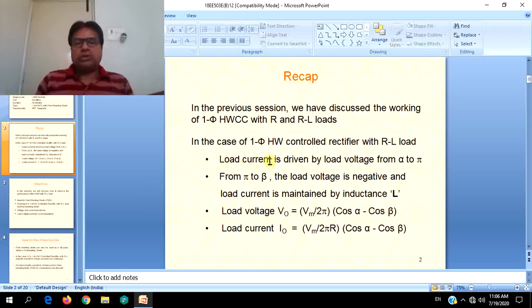So how the load current is driven by load voltage from alpha to pi, then from pi to beta, how it became negative, load current maintained by inductance L even after voltage becomes negative, the average values of load voltage and load current which were calculated. These things we have already discussed.